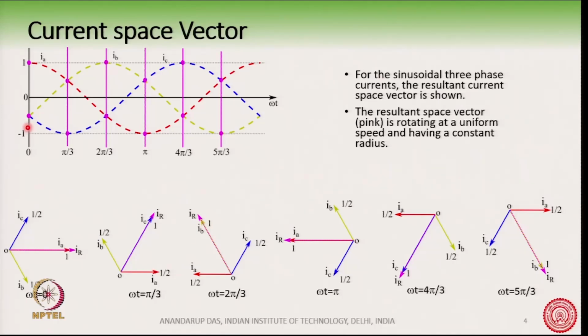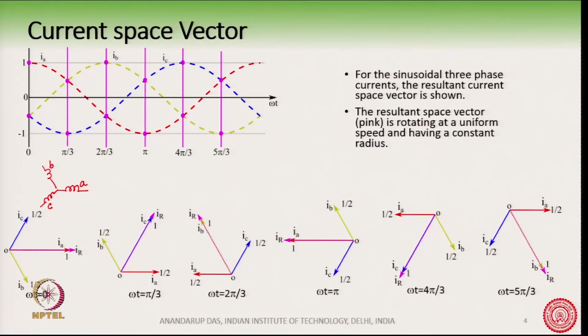So, we can visualize the 3 axes: this is the A phase axis, this is the B phase axis, and this is the C phase axis.